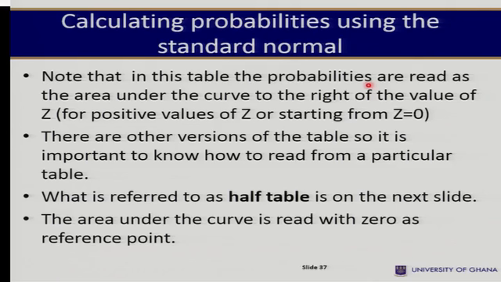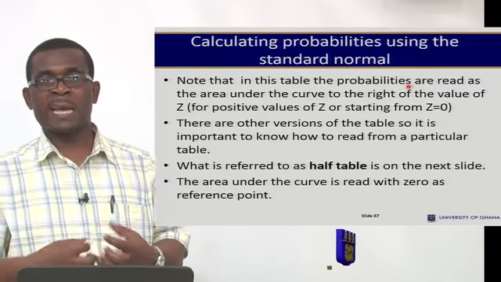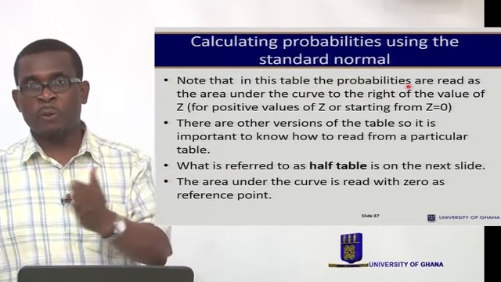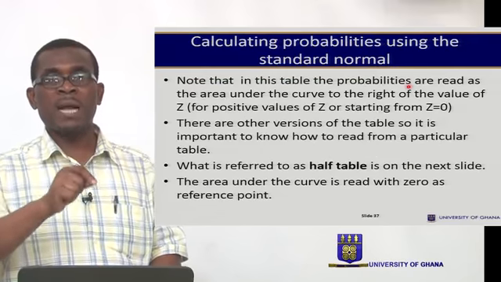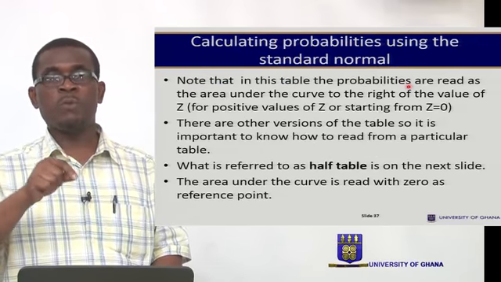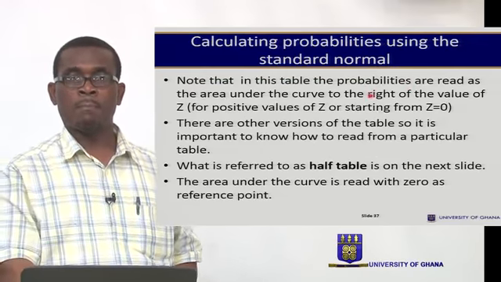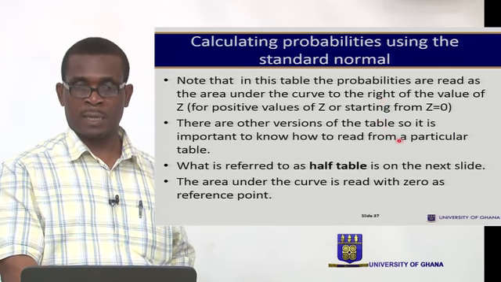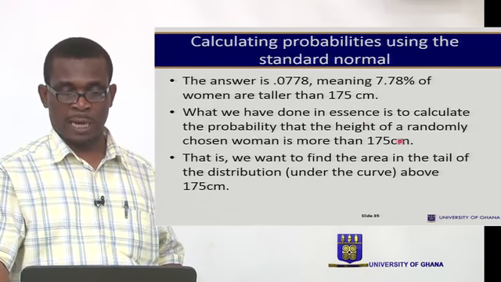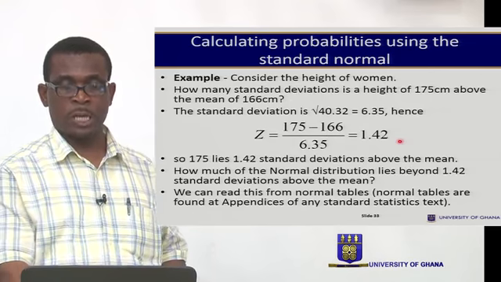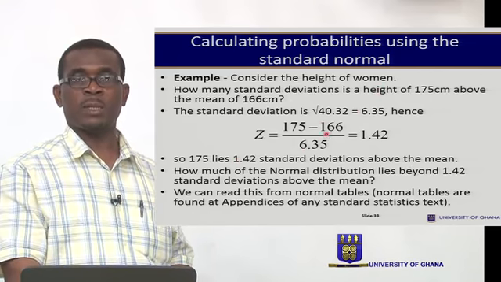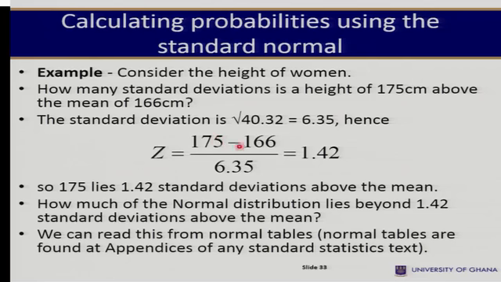Now, to do that, because you cannot read for the x in the table, you convert the x to the z component. To convert the x, which is 175, to its equivalent z, you subtract the mean, mu, from the x and divide by the standard deviation. So what we did, as you saw earlier, is subtract the mean, which is 166, from the 175, and divide by the standard deviation, which gives us 1.42.